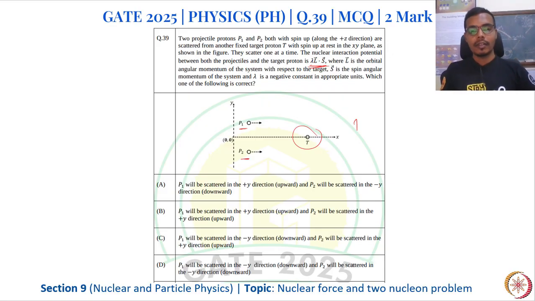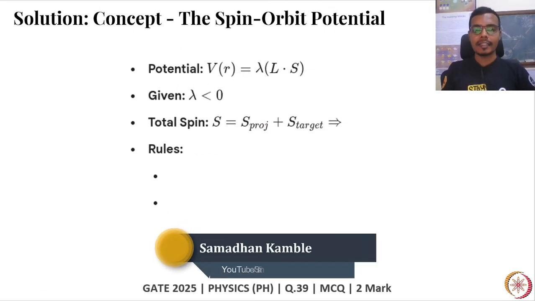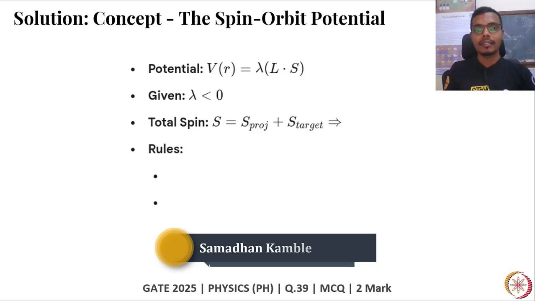Our goal here is to determine whether P1 and P2 are scattered upward, that is towards plus y, or downward, that is minus y, based on whether this potential is attractive or repulsive for each particular case. So let us first establish the rules for the interaction. We are given that lambda is negative.